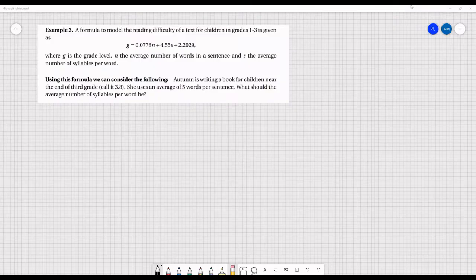All right, so we've seen what a model is defined as. Let's actually look at an example. So here we have a formula given to model the reading difficulty of a text for children in grades 1 through 3, given as G is equal to 0.0778N plus 4.55S minus 2.2029, where G is the grade level, N is the average number of words in a sentence, and S the average number of syllables per word.